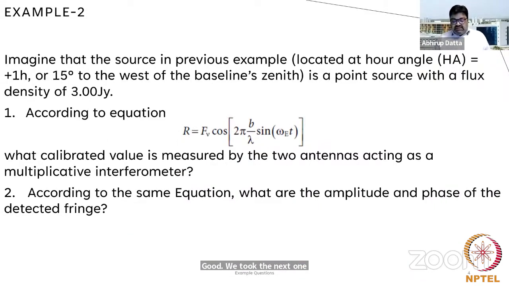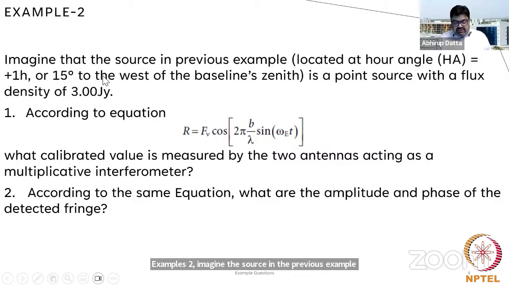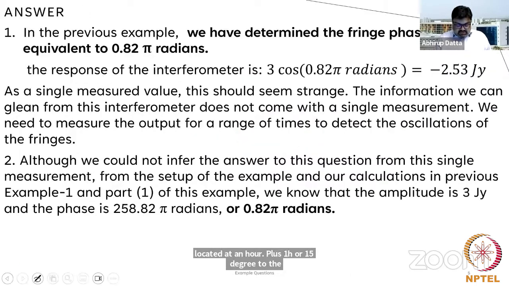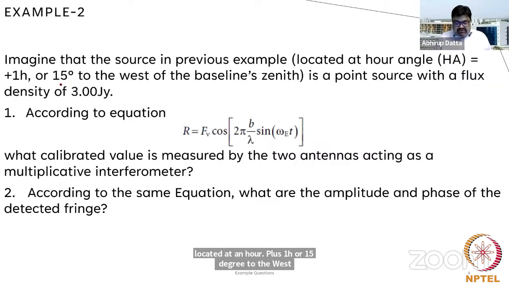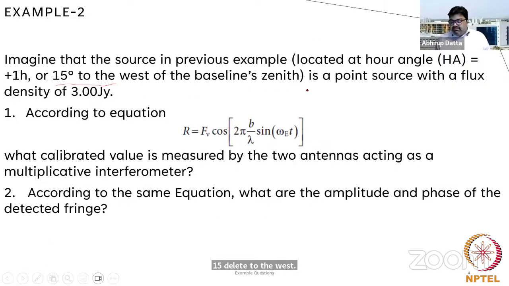Example 2: imagine the source in the previous example is located at an hour angle of +1 hour, or 15 degrees to the west of the baseline's zenith, and is a point source with a flux density of 3 Jansky.